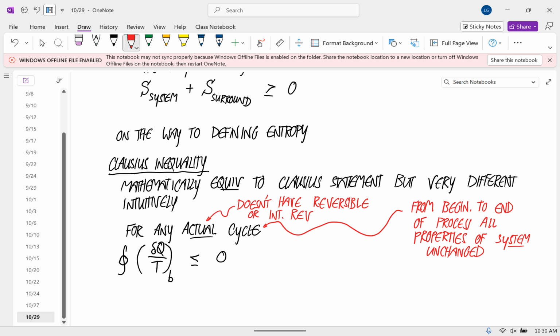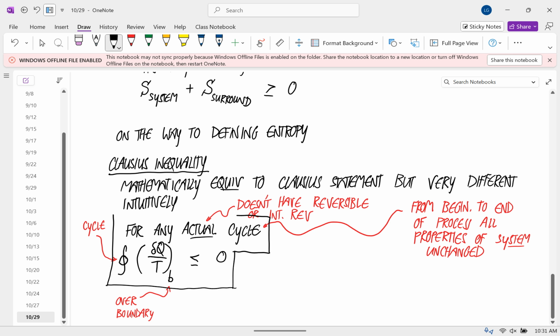So this symbol means we're talking about a cycle. This means over the whole boundary. And so there you go. That's the definition of the Clausius inequality.